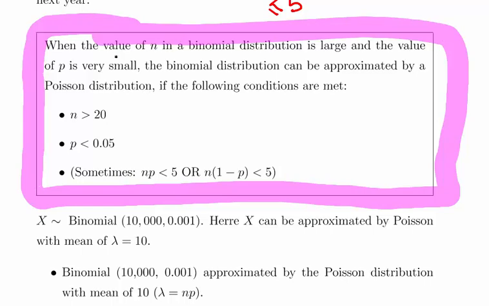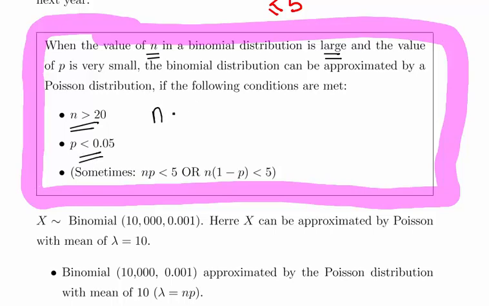So when the value of n in a binomial distribution is large, and it's definitely the case here, and the value of p is small, again that's the case here, the binomial distribution can be approximated by a Poisson distribution if the following conditions are met. N is greater than 20, that's definitely the case here. P is less than 0.05.